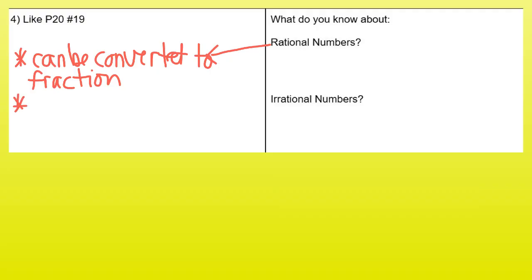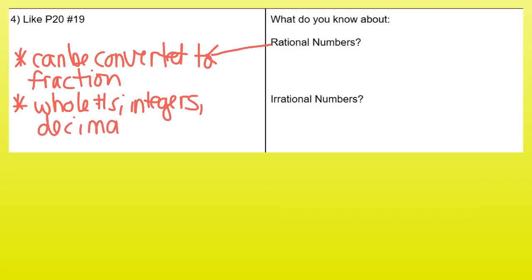I know that rational numbers are whole numbers. They're integers. They're fractions. They're decimals. So if I see any of those kinds of numbers, they're rational.